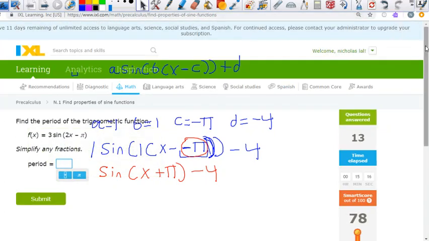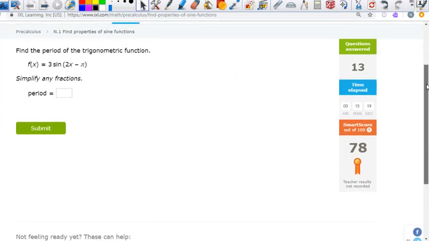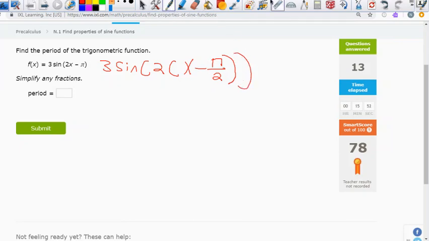Clear annotations. Find the period of the trigonometric function. So here our period is 2 pi over the coefficient of x. So let's rewrite our trig equation. 3 times the sine of 2, factor out the 2, x minus pi over 2. All right, so our period is going to be 2 pi over this term, we call this b.